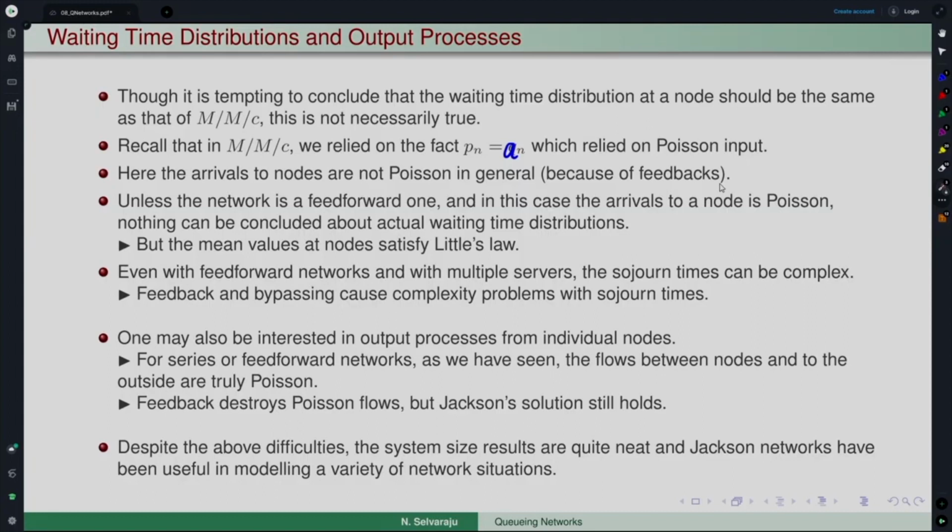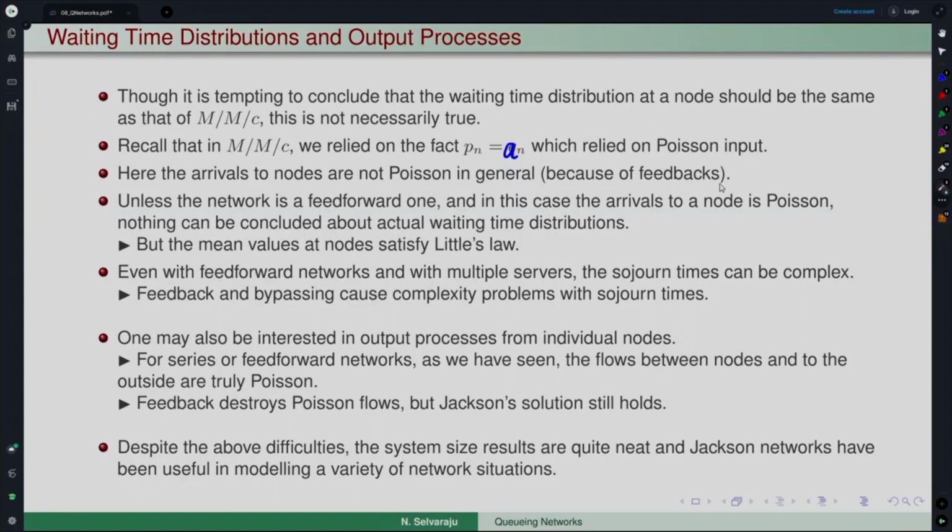How long he spent the first time going through the system would determine how many would be these numbers. So there is a dependency, and one can easily visualize intuitively how it will happen. They are not going to be independent, things are complex, and because of that waiting time distributions turn out to be difficult.